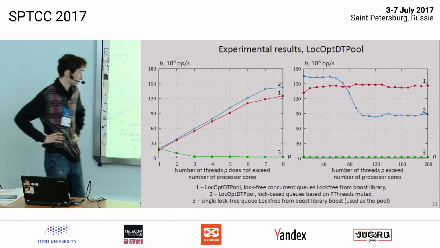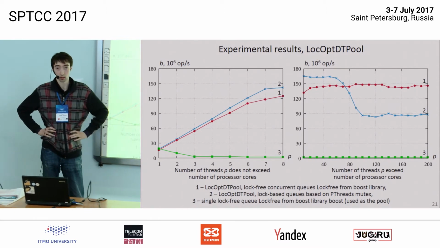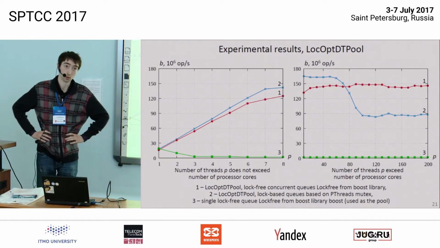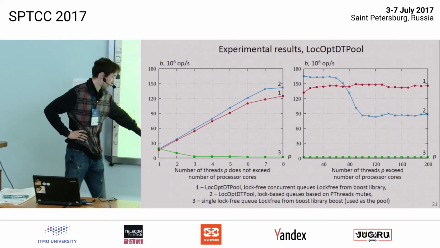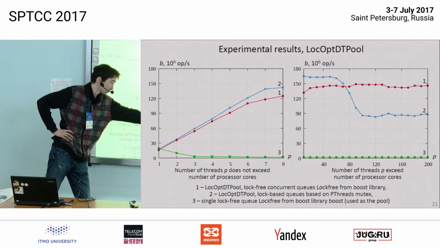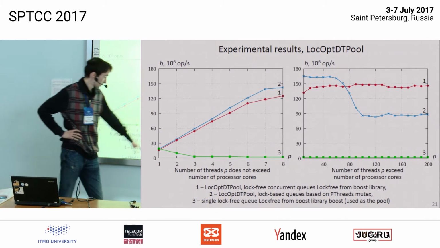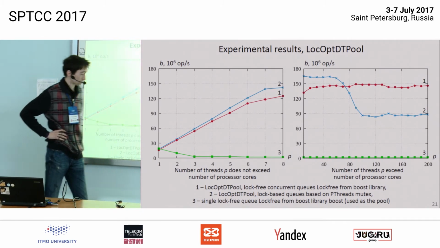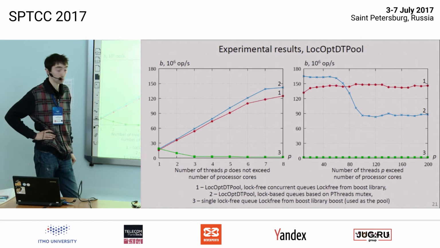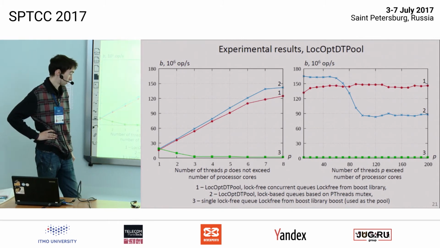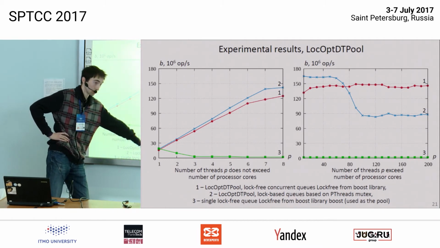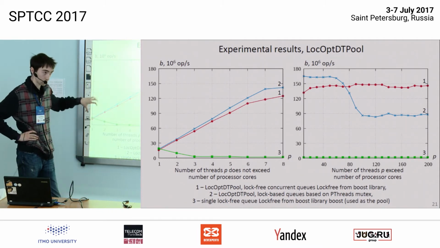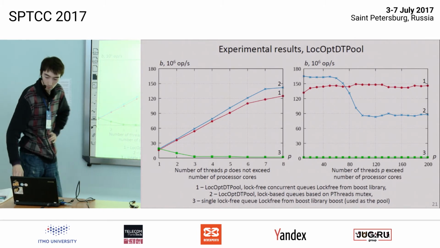We compared the queues in the leaves of the tree. Here is a lock-free concurrent queue from the Boost library, a lock-based queue based on pthread mutex, and a standalone single lock-free queue used as the pool.